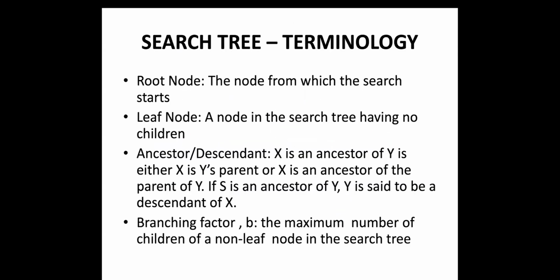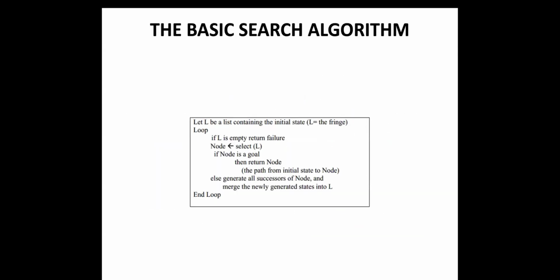So this is what the algorithm is talking about. First of all, have a list containing the initial state. If the list is not empty, then we repeat the following steps. One, get an item from the list, expand it, and check if it's a goal.